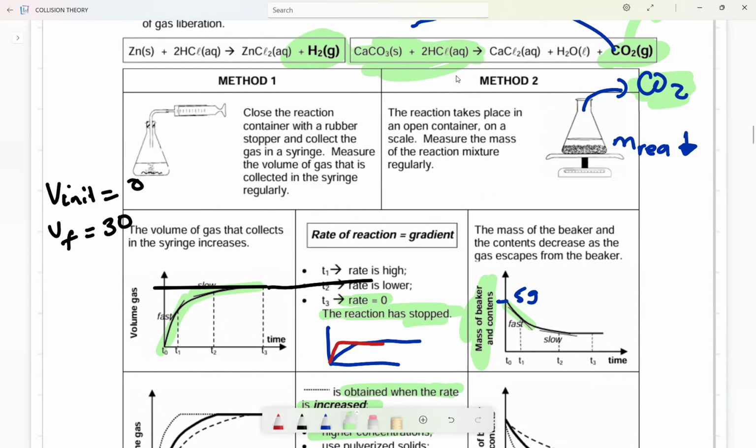So the reaction rate slows down until now there are no more. Calcium carbonate will be the limiting reagent. When calcium carbonate finishes up, there is nothing that hydrochloric acid can react with. So now the reaction will come to completion after T3 maybe.